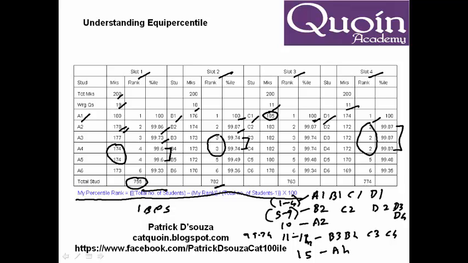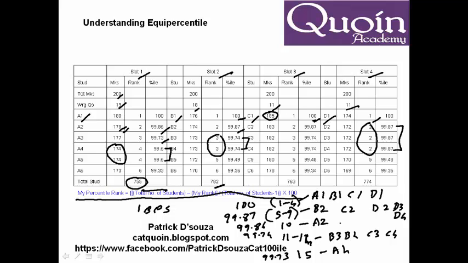So you will have a fair idea as to how the percentiles are calculated. The first 4 ranks will be 100 percentile, 5th to 9th will be 99.87 percentile, then 99.86 percentile, 99.74, 99.73 and so on. So this is how the percentiles are calculated.